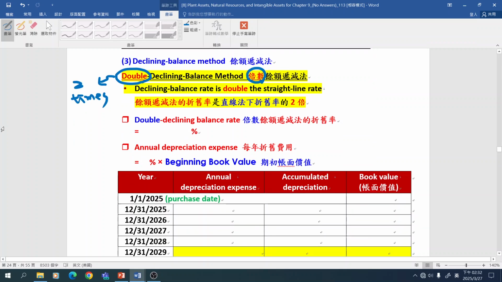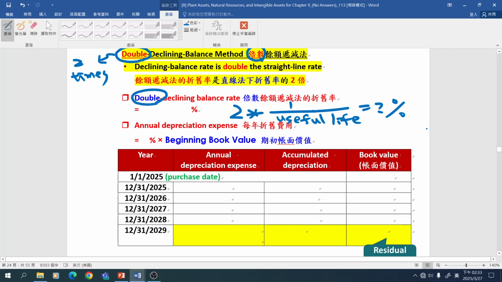So, based on beginning book value times constant depreciation rate, 固定折旧率, right? How to get it? Here we told you double, right? So it's 2 times 1 divided by useful life.